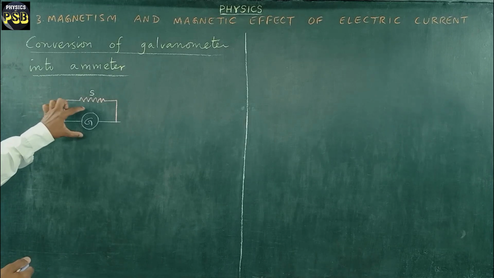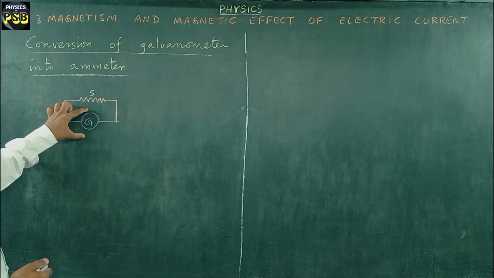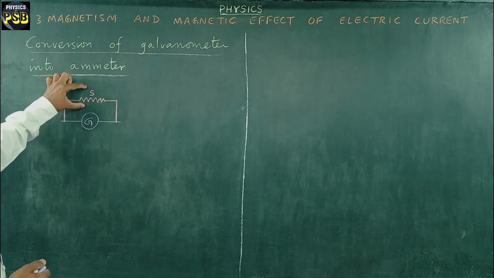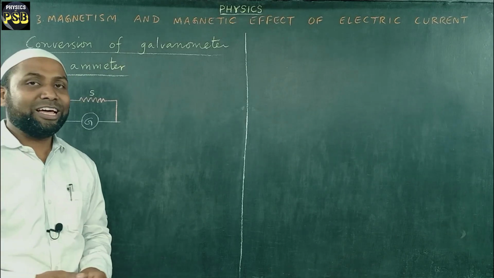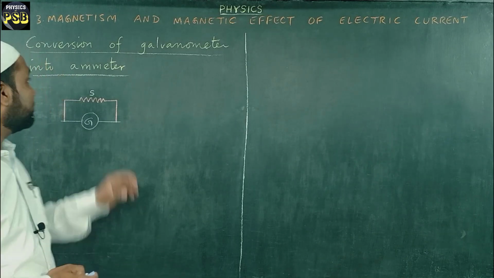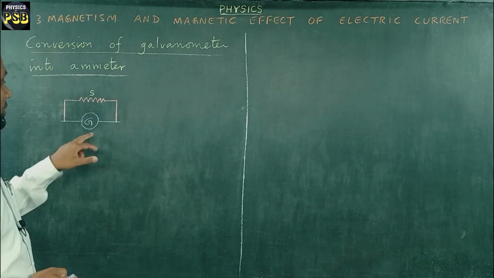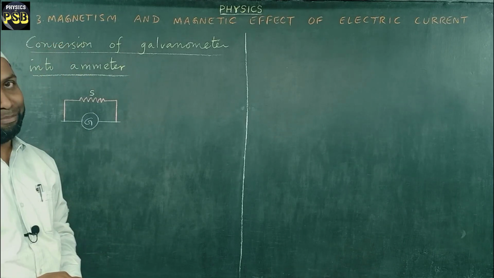So when we connect a galvanometer in parallel combination with a low resistance, we get an ammeter. The galvanometer gets converted to an ammeter.